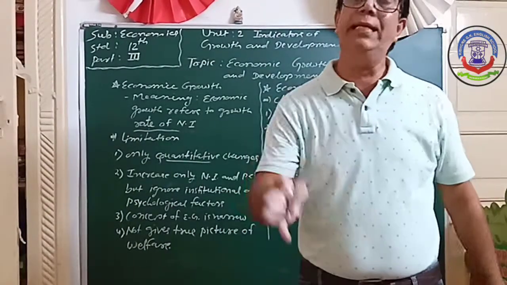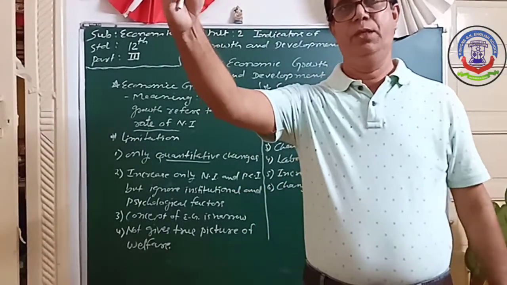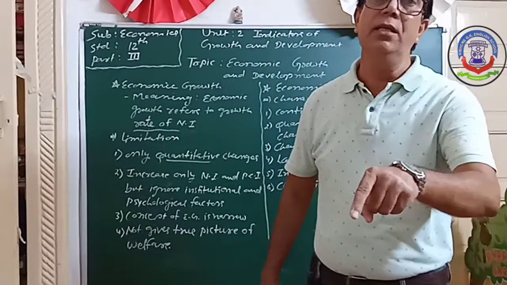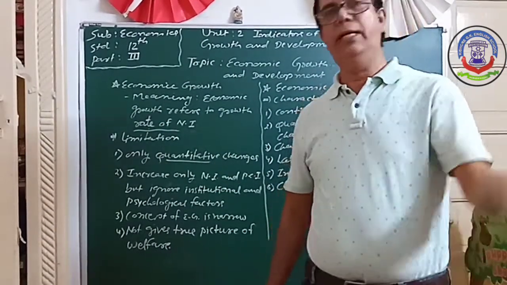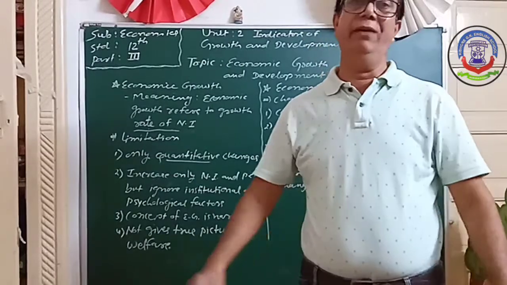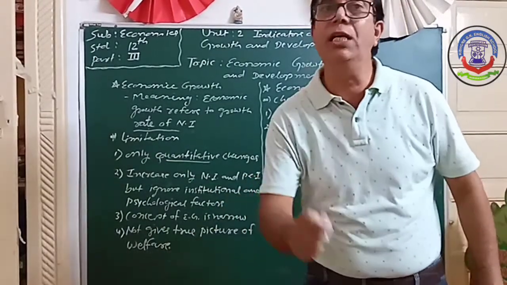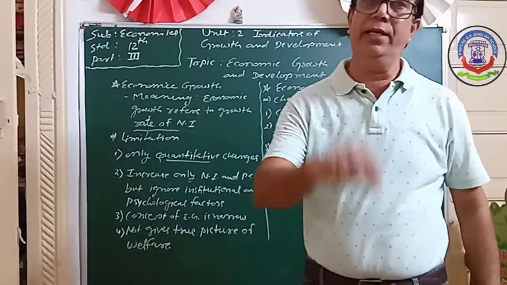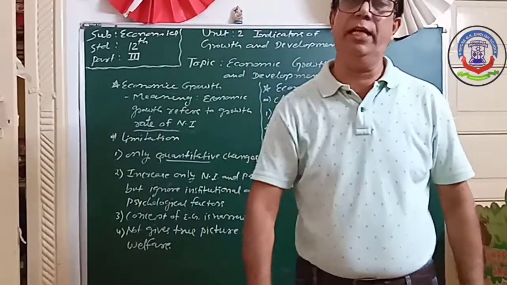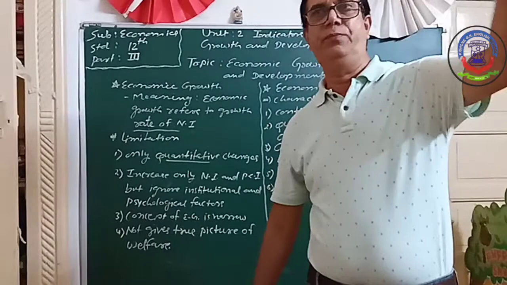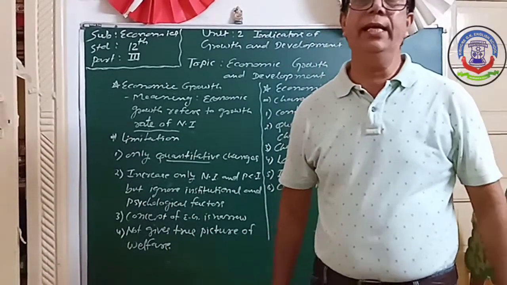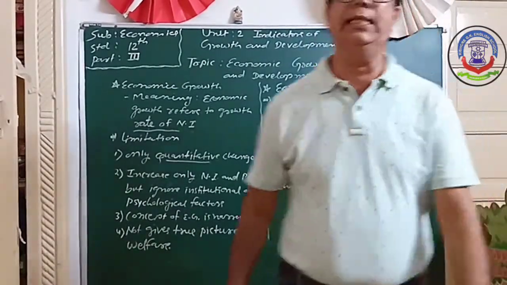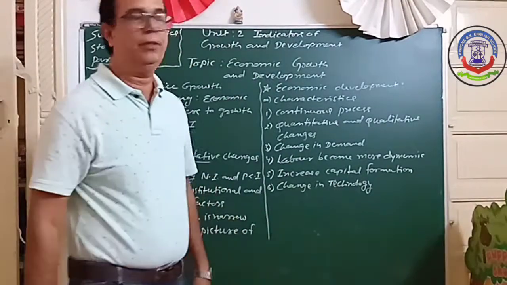All the development is continuous. Suppose in agriculture, production increases, industries, production increases, the service sector develops. Not one time, but production of agriculture, industries and service sector continues. And that's why we can say economic development is a continuous process.